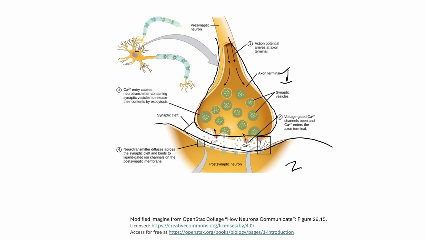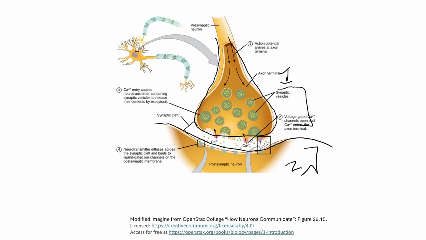In this case, it's going to consist of the axon terminal button of the presynaptic neuron, or neuron number 1, and the dendrite or cell body of the postsynaptic neuron.